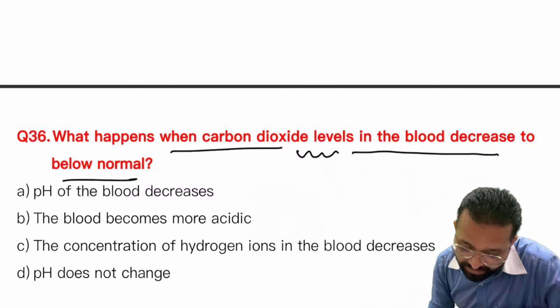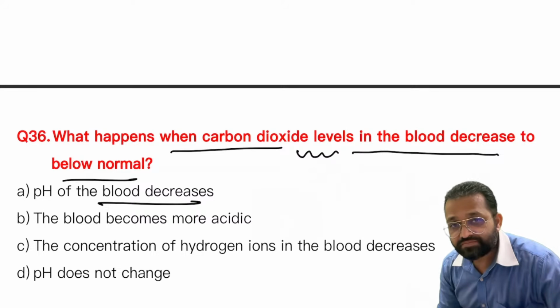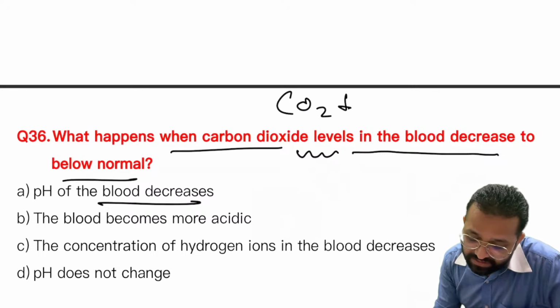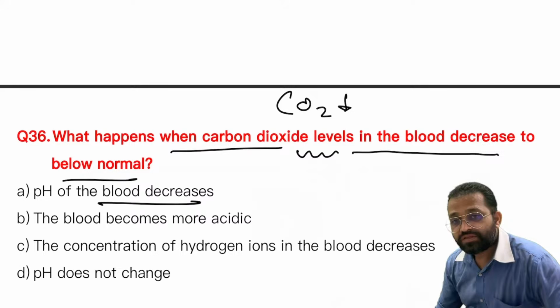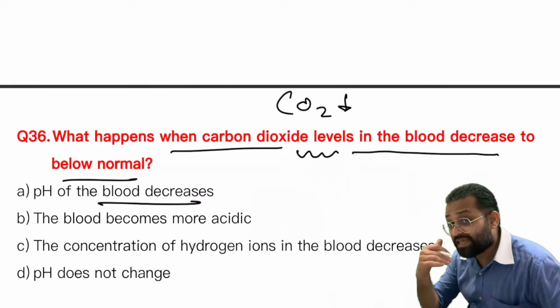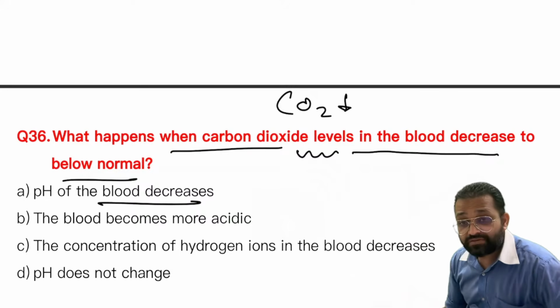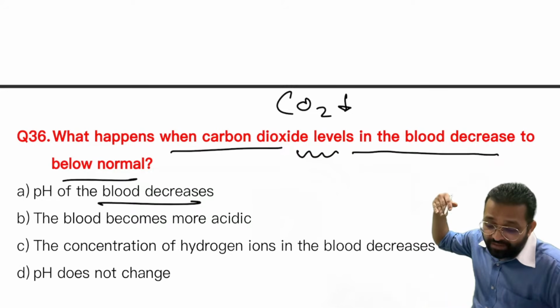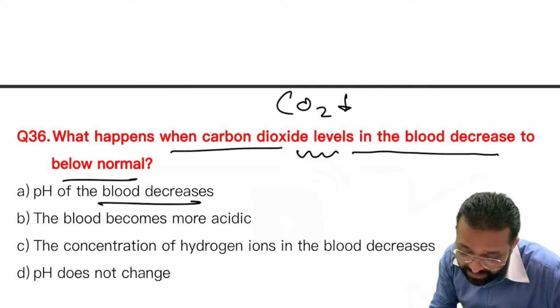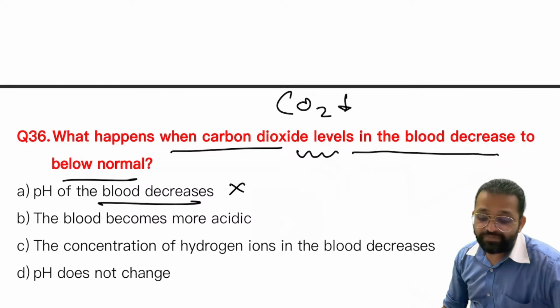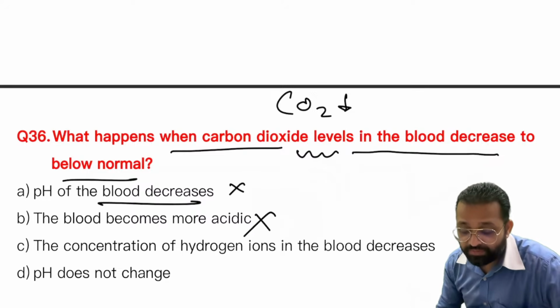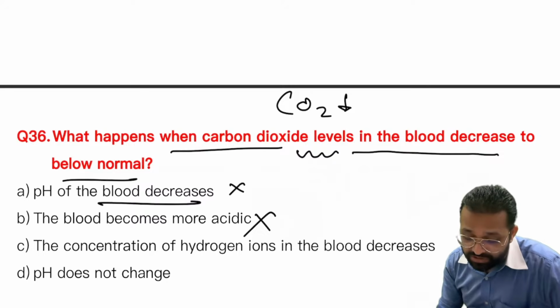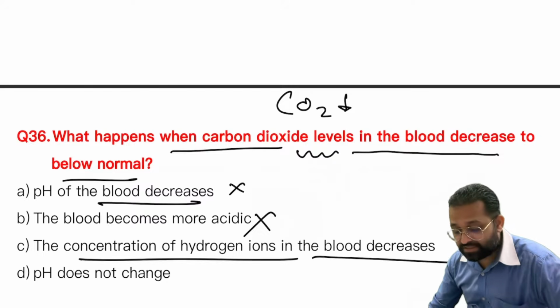Sir, the pH of the blood decreases, since carbon dioxide is decreased. Oxygen is alkaline and carbon dioxide produces the acid. Fine. So when the carbon dioxide level is falling, then blood pH will increase. So it is wrong that the blood becomes more acidic. No, the blood becomes more alkaline. The concentration of the hydrogen ion in the blood decreases.